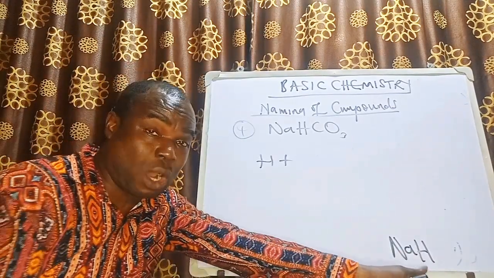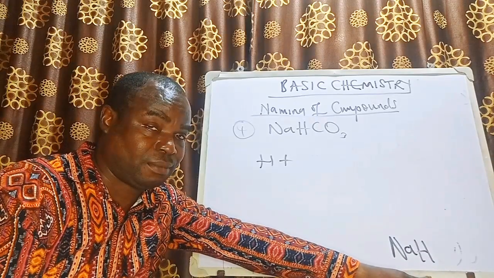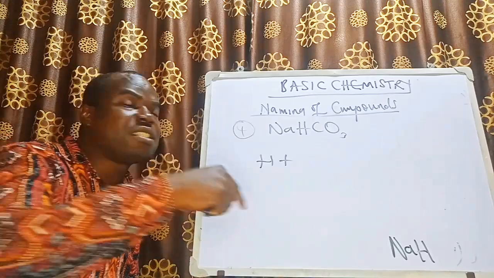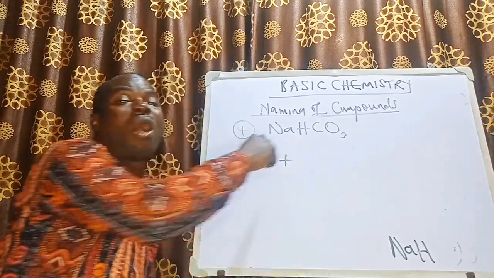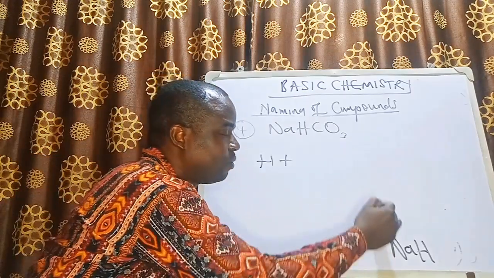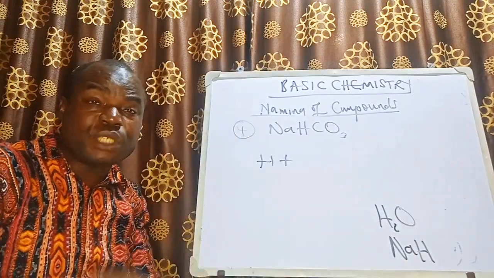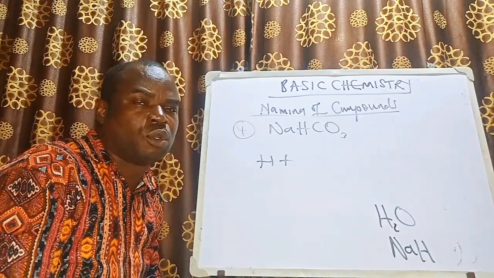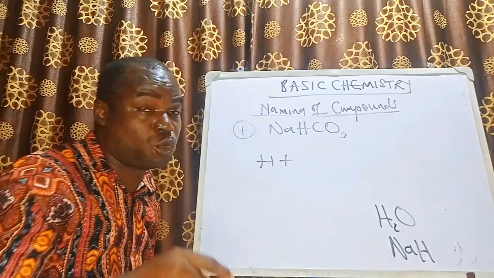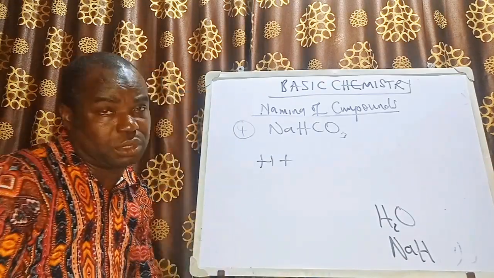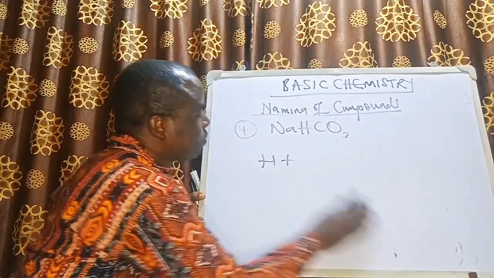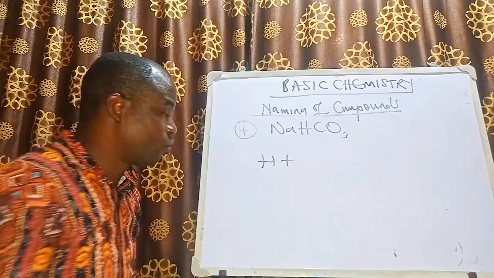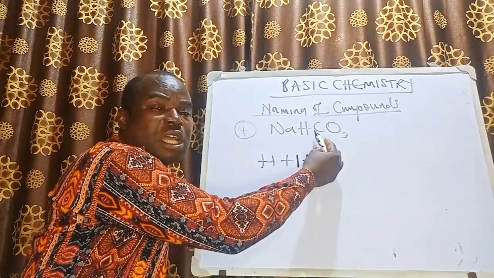If you see hydrogen as the last element, the oxidation number becomes -1. But if you see it either in the middle or as the first element, the oxidation number is +1. But if you see it as the last element, it is -1. Please jot this down. It is very important. Now, what is the oxidation number of hydrogen here? That's 1, right? So we have 1. What are we looking for? Carbon, right?